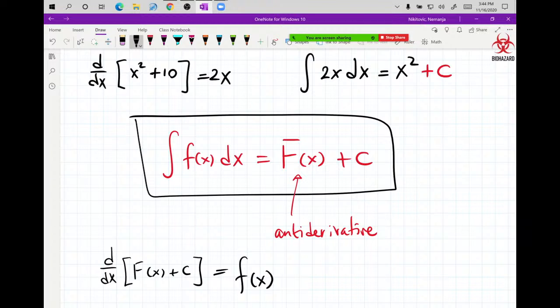Now, as I said, not every function that you can think of is going to be possible to integrate. Is everything possible to be differentiated? Yes.